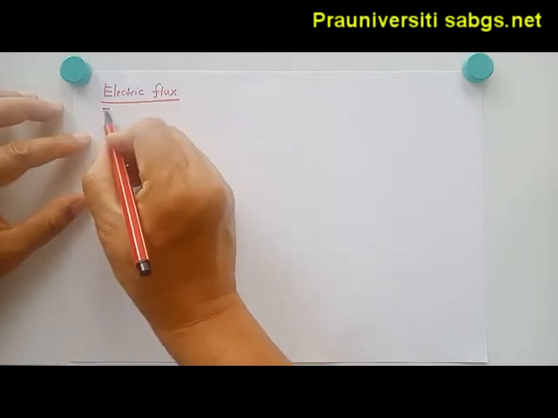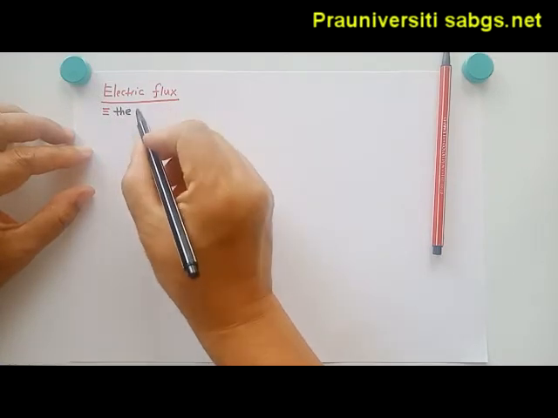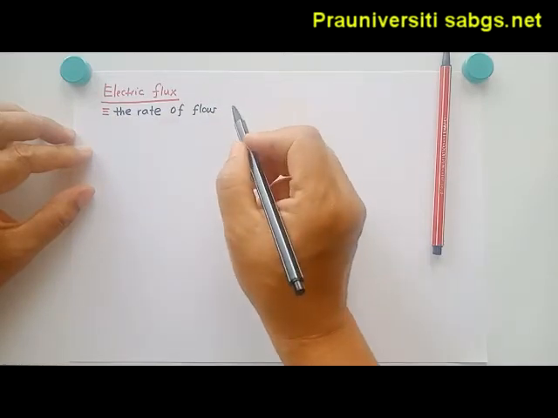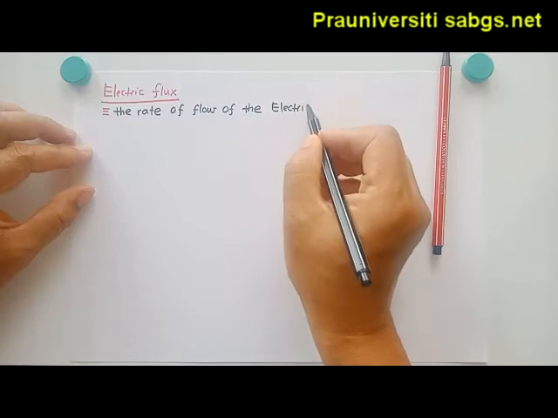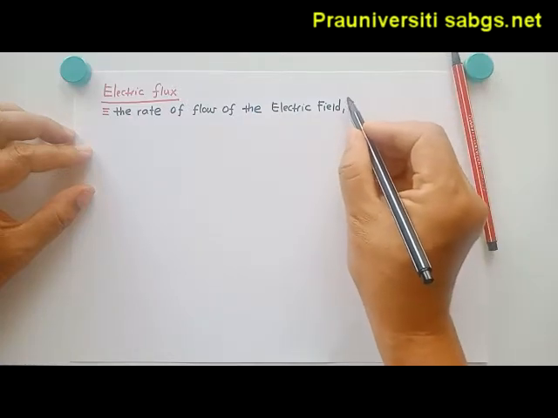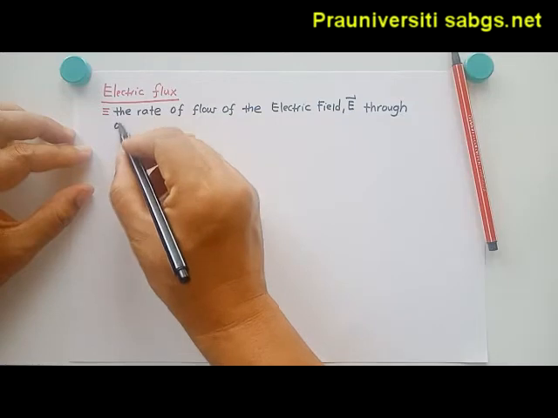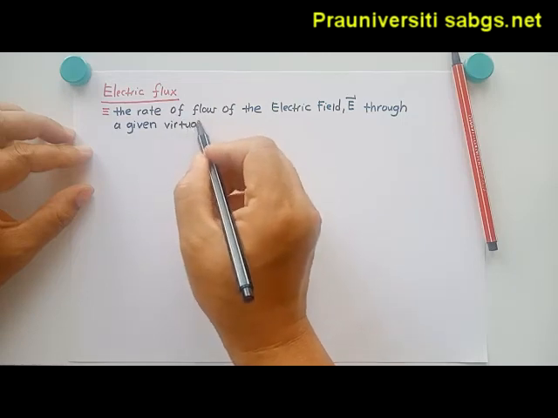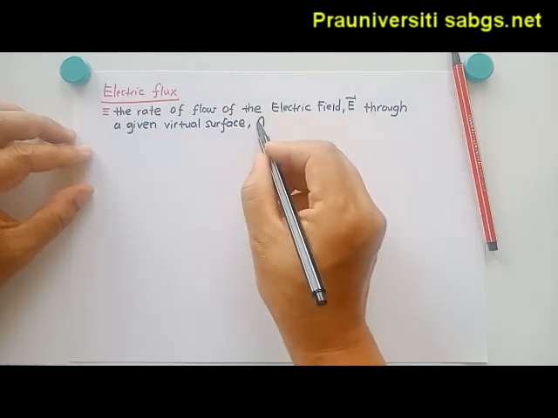Okay, so definition of the electric flux: the rate of flow of the electric field, the symbol of electric field is E, through a given virtual surface area.